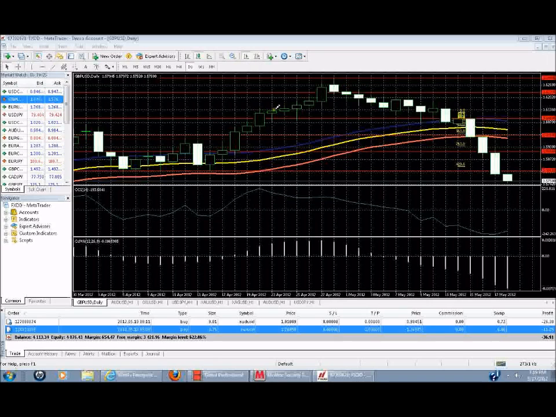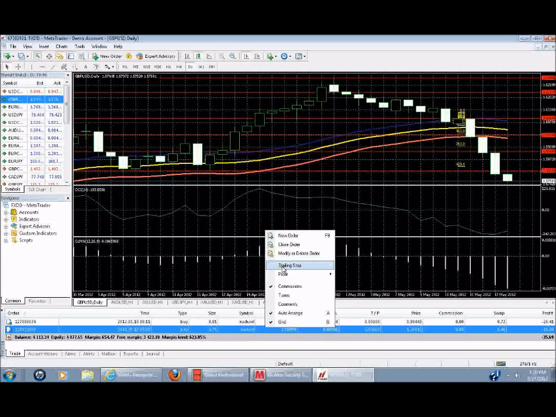But again, timing is when you catch it. And what you guys have to understand is that first you have to understand what you're doing. Making a simple trade, knowing the difference between the trailing stop and a regular stop loss. Trailing stop comes from here. You right click and you get your trailing stop.